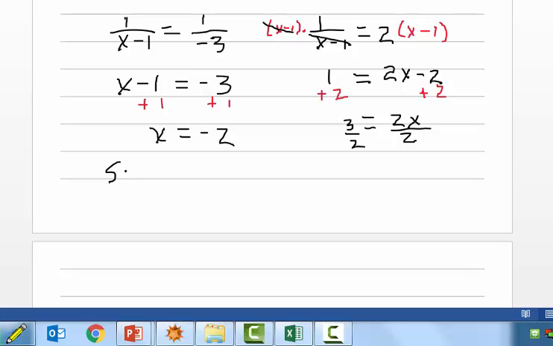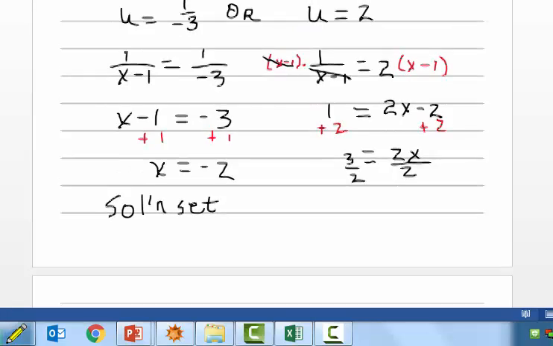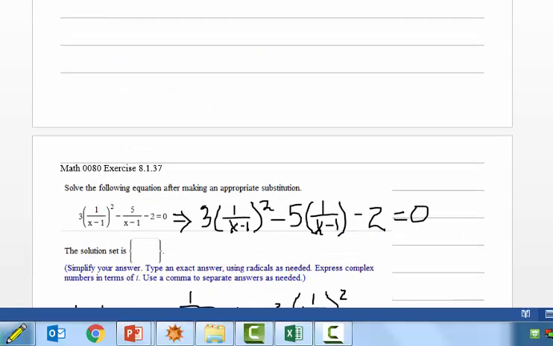So my solution set is valid as long as neither of these values make my denominators 0. So remember my expression that was in the denominator was x minus 1.